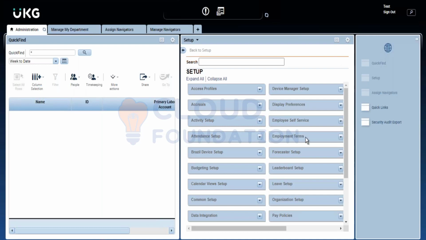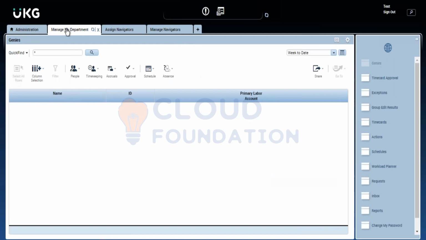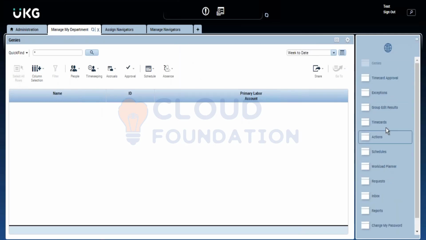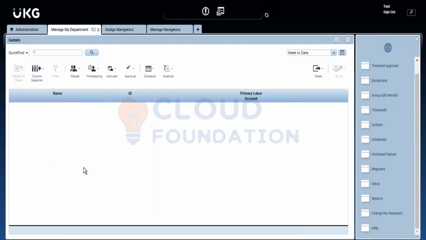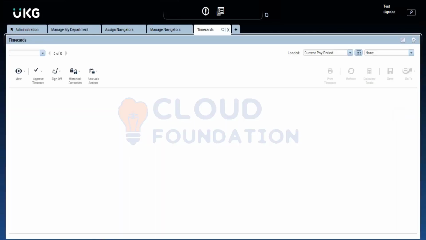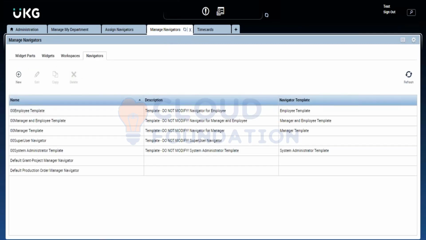My first workspace looks like this. My second workspace looks like this. This is again a widget. On the right, what you see is called the related items pane. This is going to have items that help me relate to what I want to work on. If I have some employees, I can pick up their time cards and look at them.